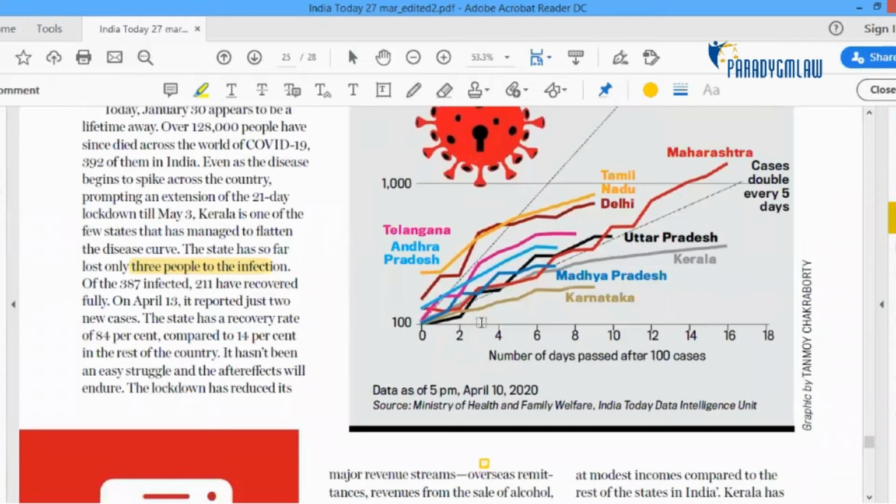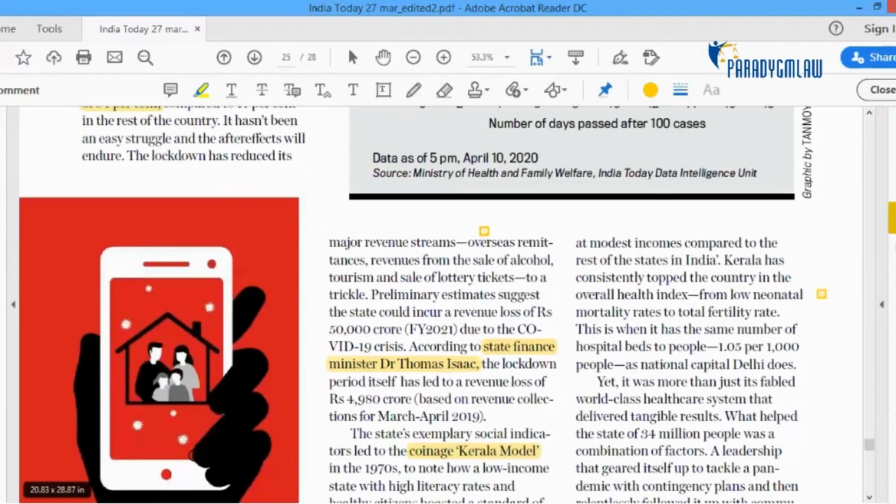And here the author is also talking about the recovery rate of 84%. Just highlighting this for you. The recovery rate is much higher than what it is for the rest of the country, which is only at 14%.